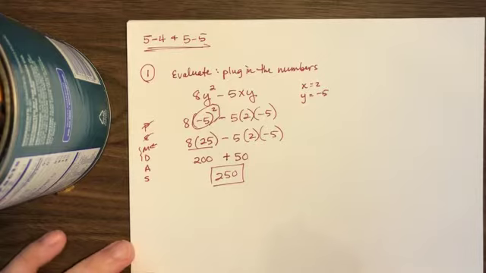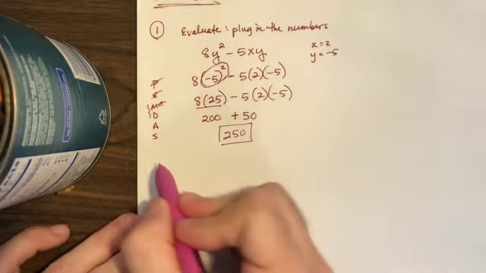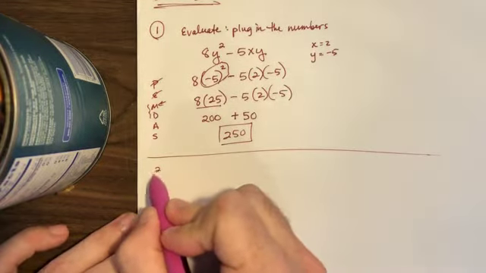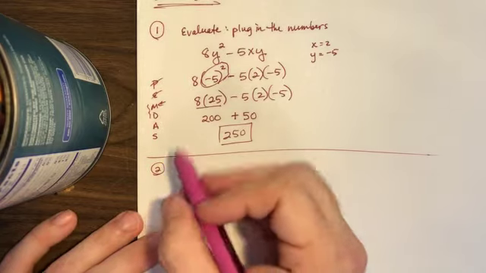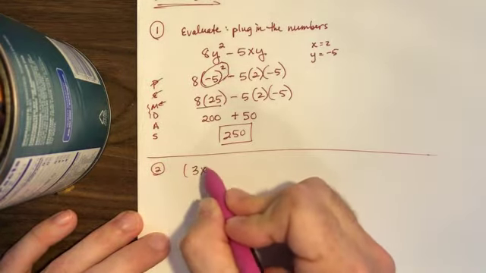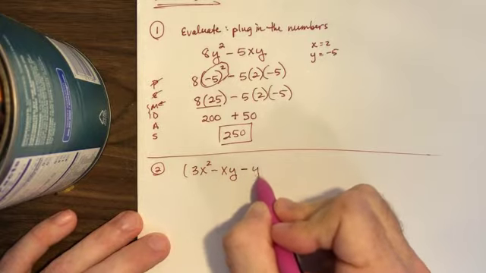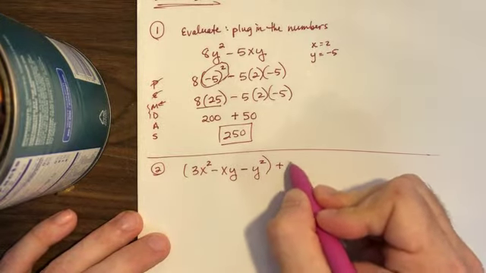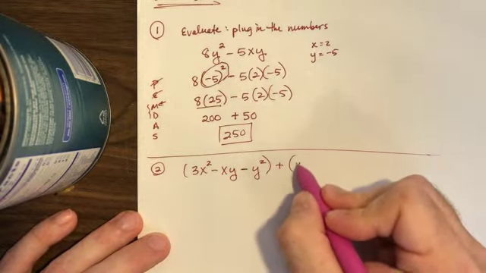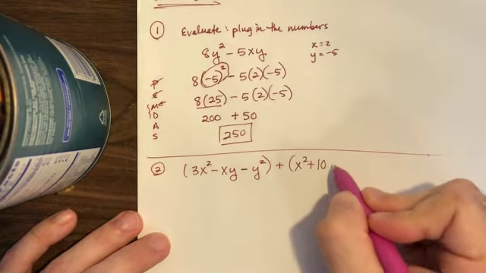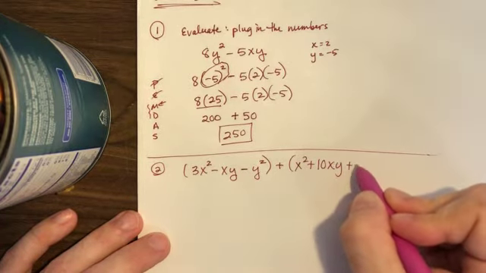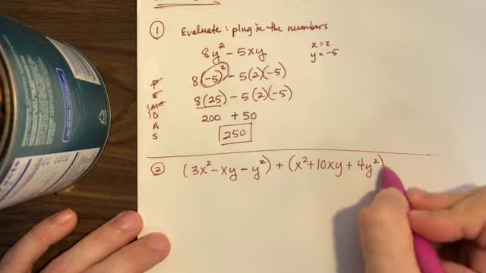After that, everything is just going back over what we talked about in 5.1 through 5.3, which is add, subtract, multiply, but with multiple variables. So adding or subtracting, we got 3x squared minus xy minus y squared, and that's being added to x squared plus 10xy plus 4y squared.